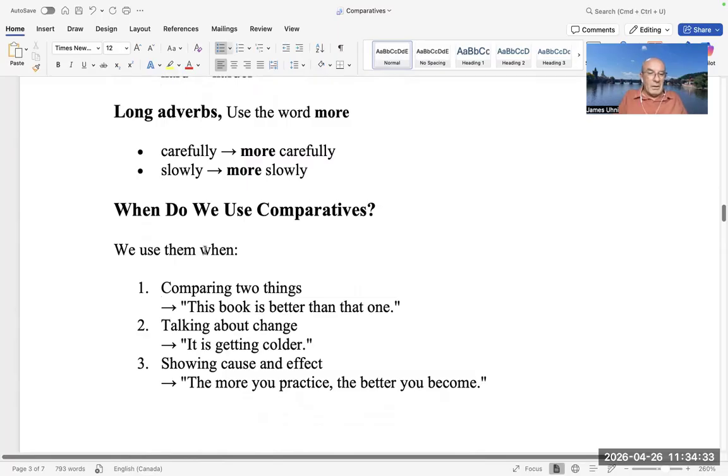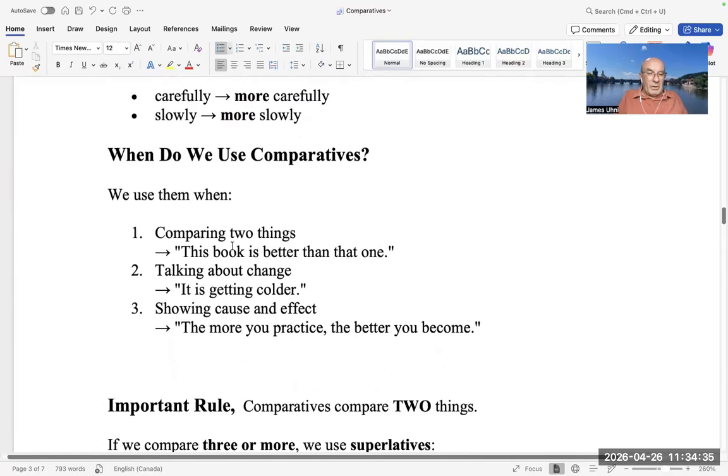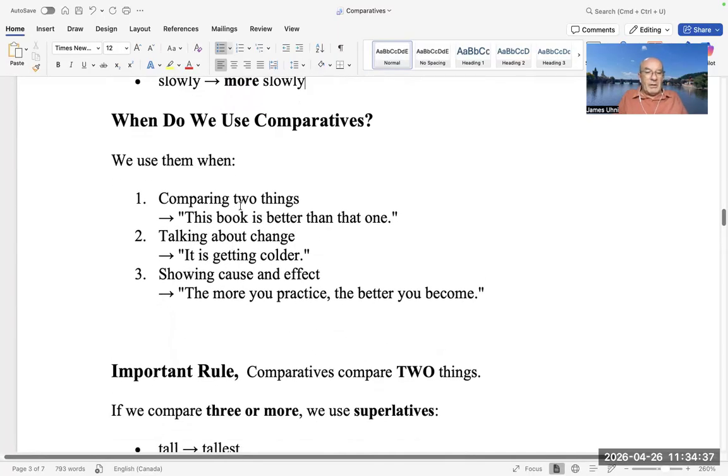So when do we use comparatives? We use them when comparing two things. This book is better than that one. So I will copy or enforce two things.